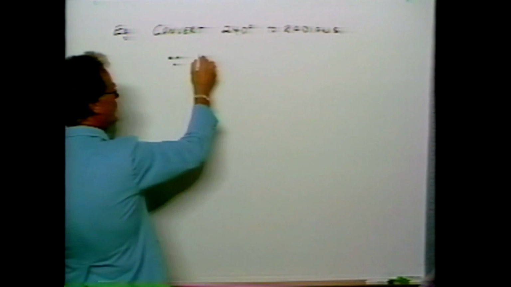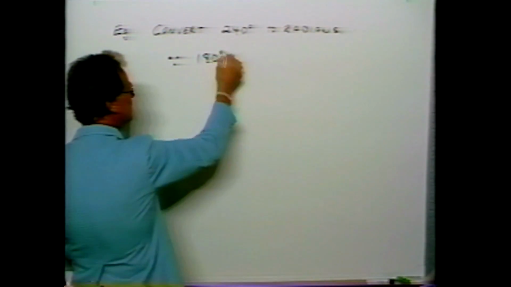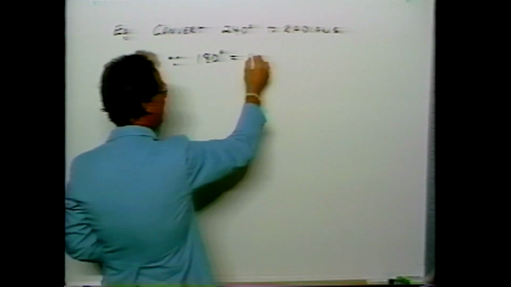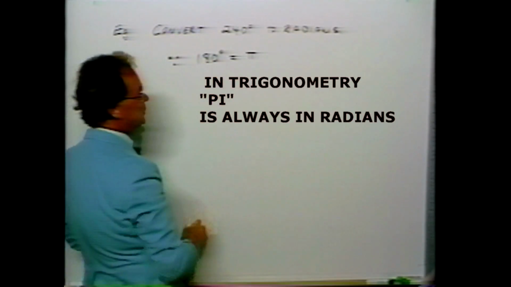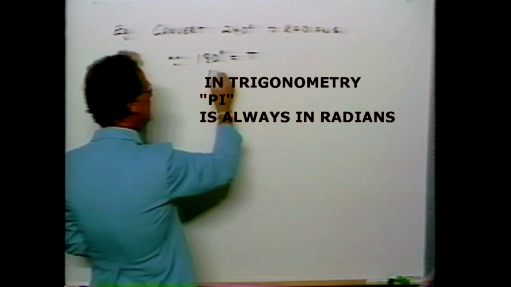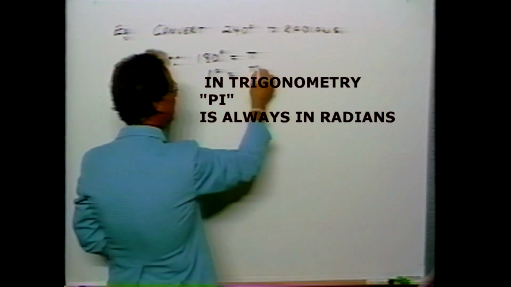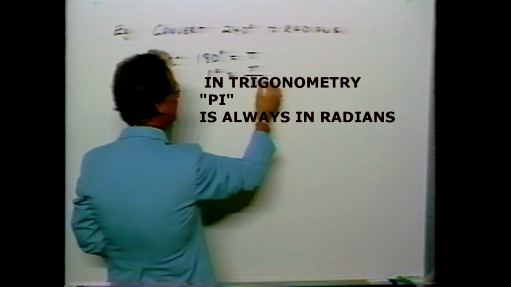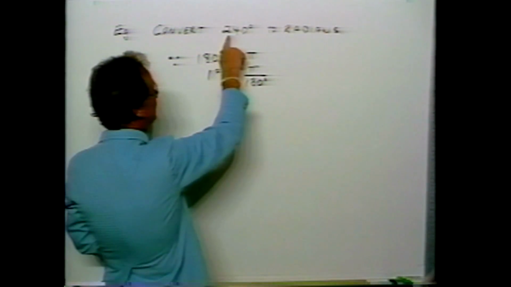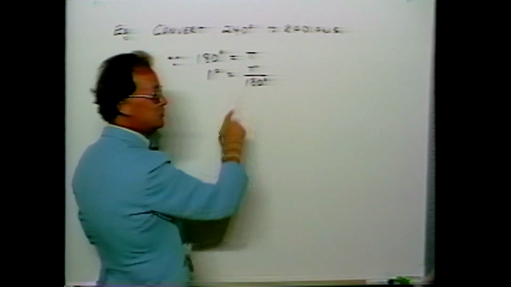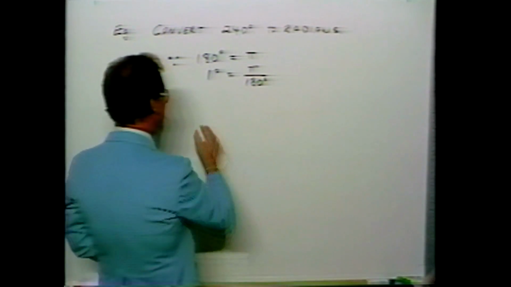Since 180 degrees is equal to pi radians, then 1 degree is equal to pi divided by 180 radians. If 1 degree is equal to that many radians, then 240 degrees will be 240 of those.